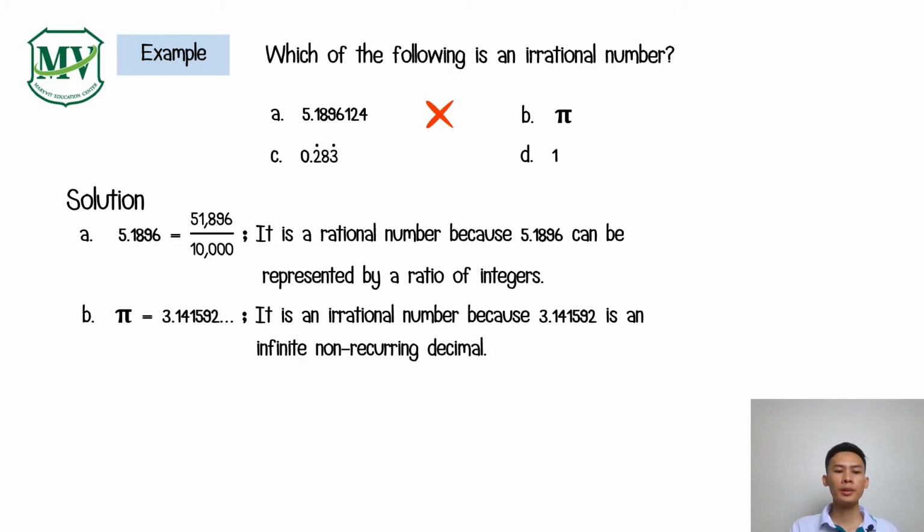In letter B, pi is equal to 3.141592... It is an irrational number because it is an infinite, non-recurring decimal.